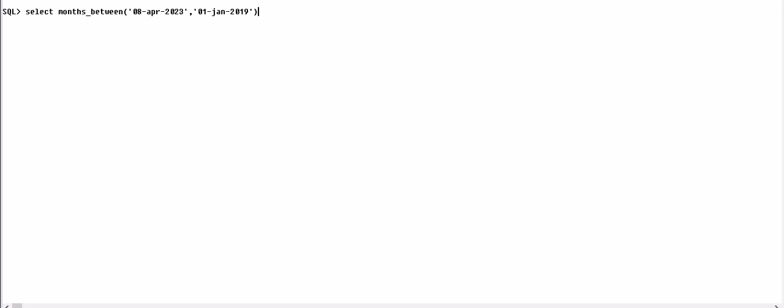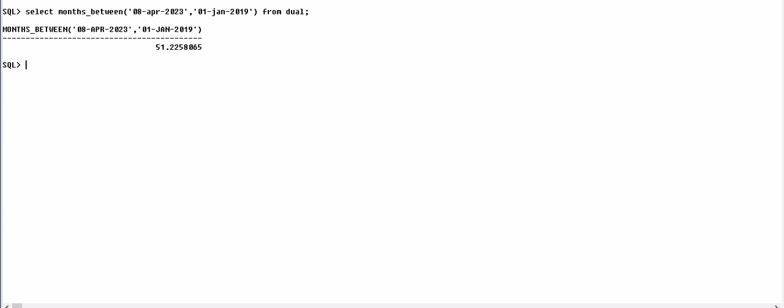And here we will give DUAL, as we are not picking dates from a table, so we will give the DUAL option here. So it comes to 51 months between these two dates.